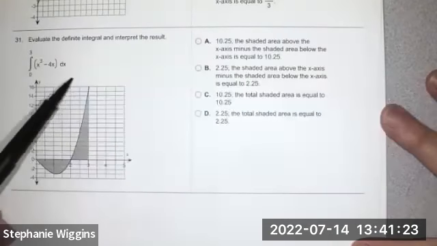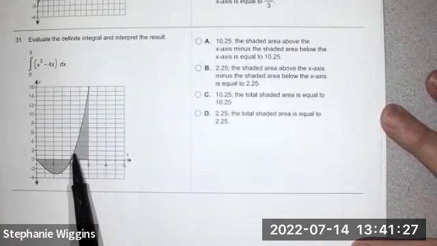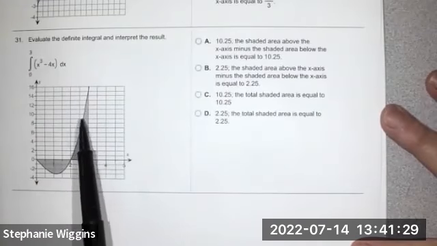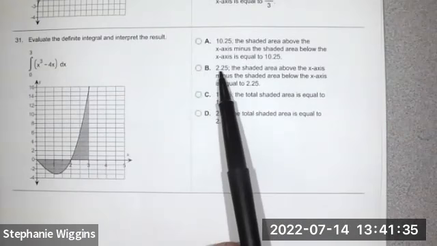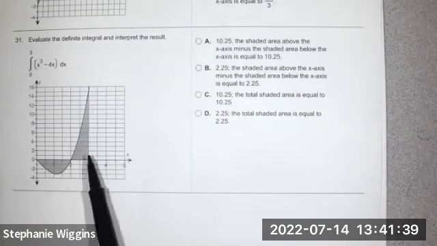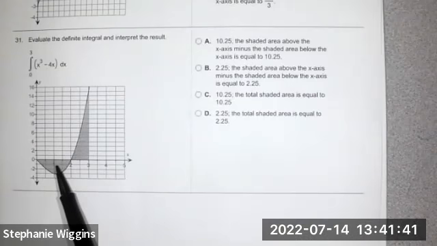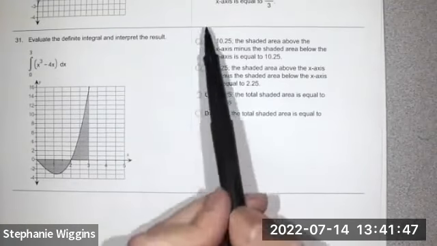And we're supposed to evaluate and interpret. This would be the area above the x-axis minus the area below. My guess is it's going to be 2.25, because it looks like the areas are about equal, not a big difference, but this area looks a little bit larger than this area to me. I could be wrong, but there are no negative answers.